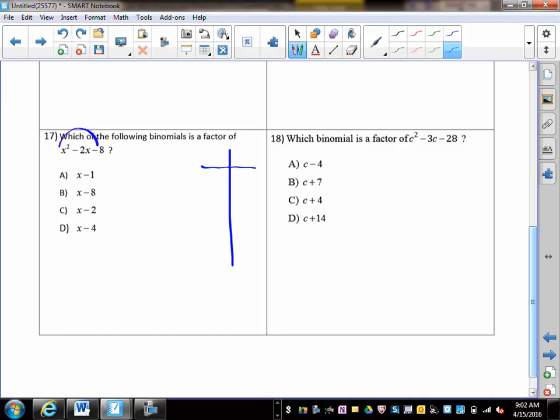What multiplies to negative 8 and adds to negative 2? Negative 4, positive 2. So my shortcut then: x minus 4 times x plus 2.